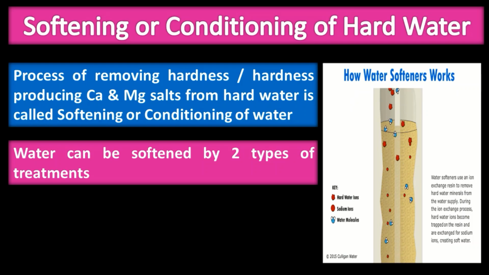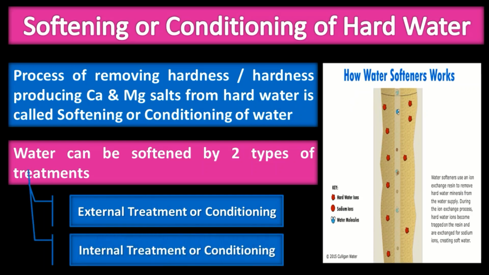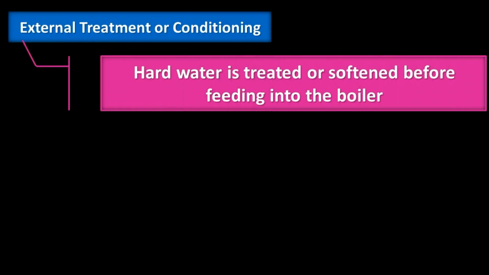So we can soften the water by two types of treatment, that is external treatment or external conditioning, or internal treatment or internal conditioning. Now we are going to see what is external treatment or external conditioning. This is nothing but treating or softening water before feeding into the boiler.